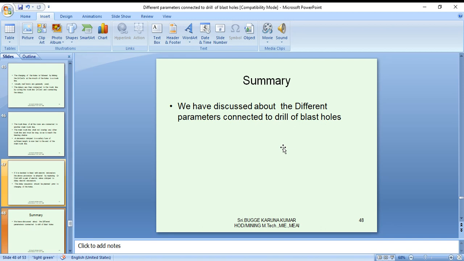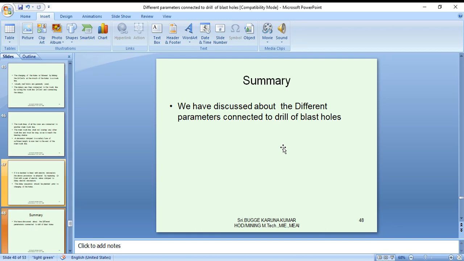There is a pattern: single hole, multi hole, or diagonal. So the design engineer plans the entire pattern depending on the parameters, with different drill hole patterns and different firing procedures. These are brought to mind while planning.